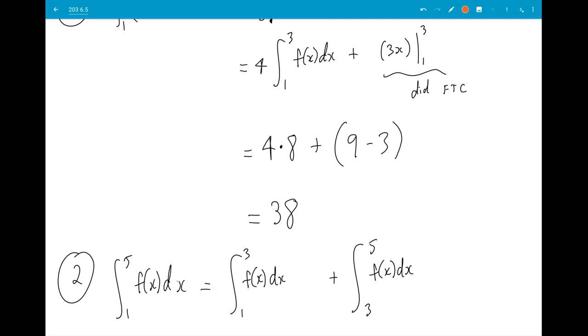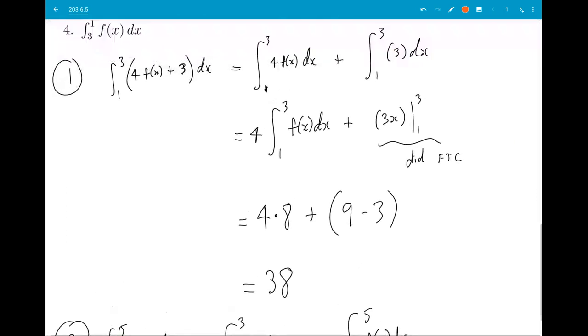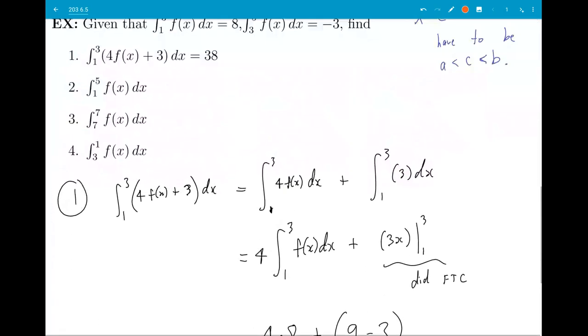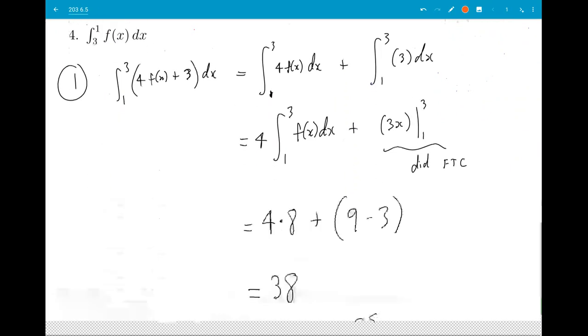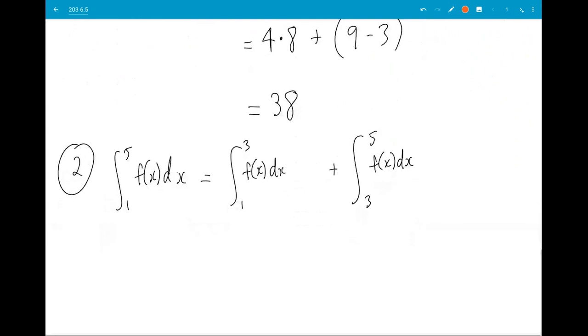But I chose 3 because the information I'm given in the question is this piece of information and this piece of information. So these quantities down here are 8 and negative 3. So you get 5 there.